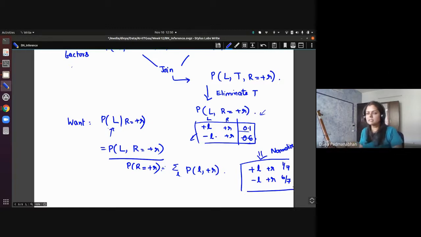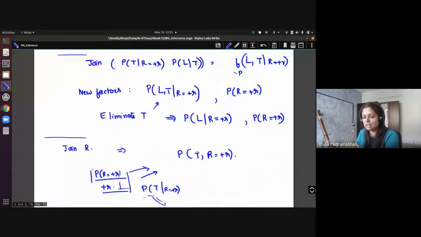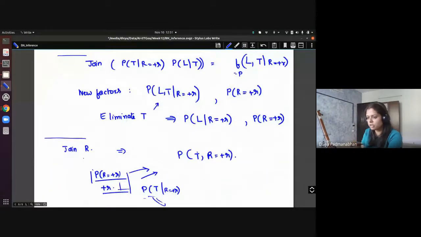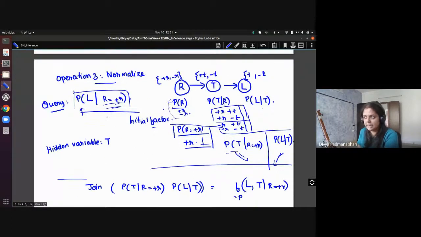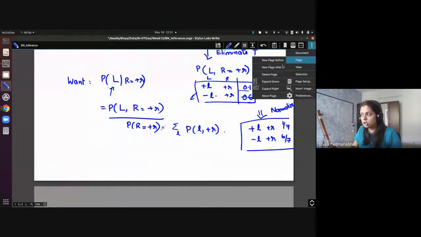So sometimes this is a useful thing to do, and in some queries you might want to use this operation. Though here, this was a very different way of doing it. You didn't really have to do a join over R, because R was evidence. What you had to do is just join the hidden variables. So let me write down the algorithm formally.